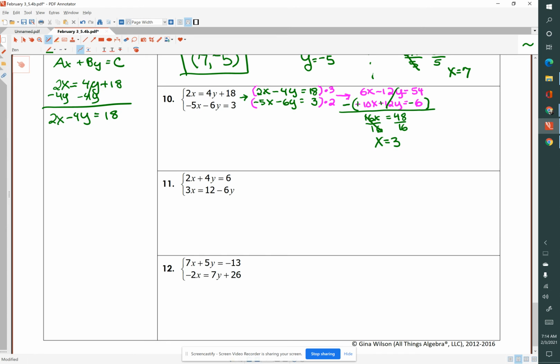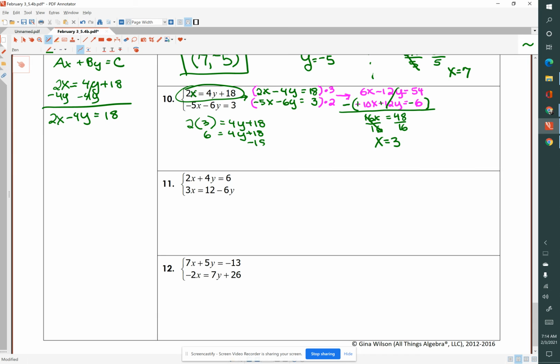Now I'm going to insert the 3, and I'm going to go ahead and use the very first equation as is, and I'm going to substitute for x right there. So 2 times 3 equals 4y plus 18. 6 equals 4y plus 18.